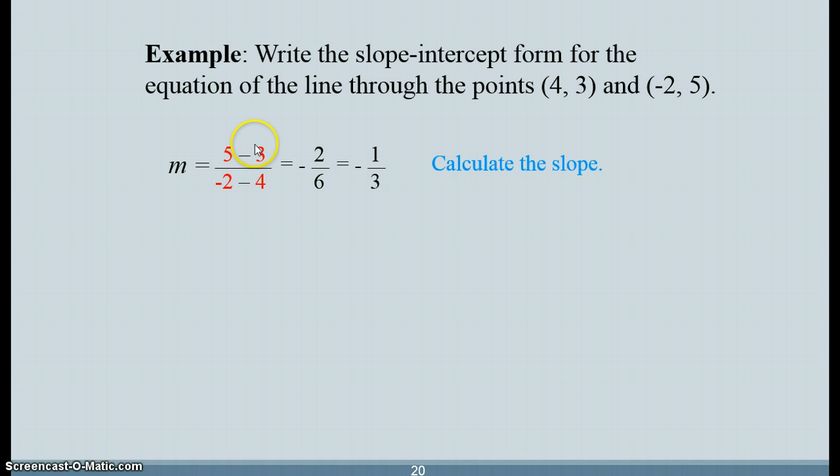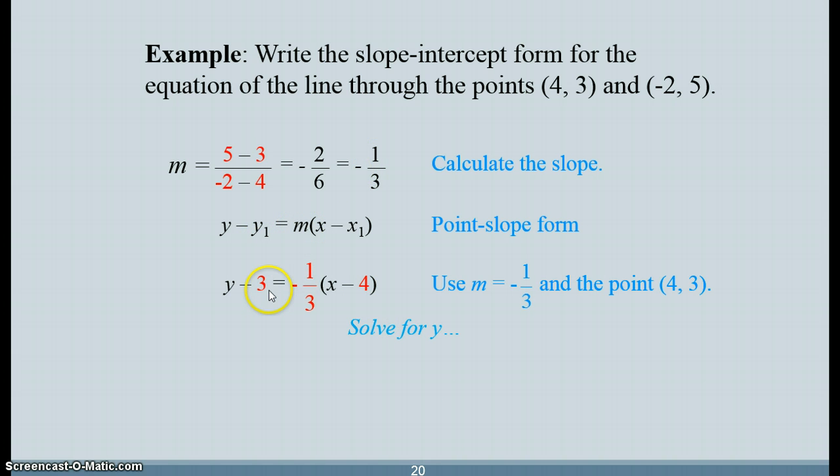And we replace those numbers into the equation. Then we have to move them into the point slope form. We already got minus 1/3, which is the slope. So we replace the rest of the values, which are 4 and 3, with minus 1/3, which is the slope right here. And this is what we get.